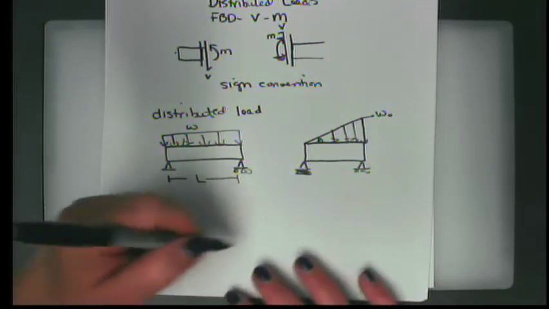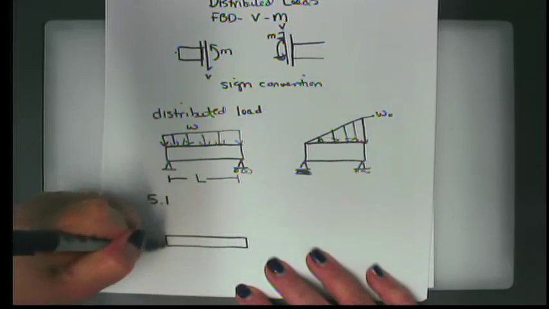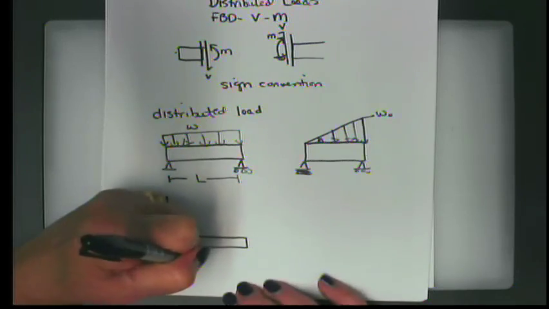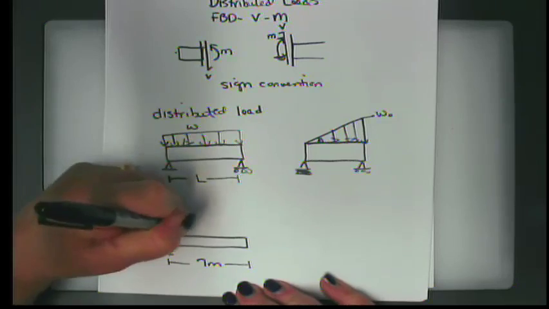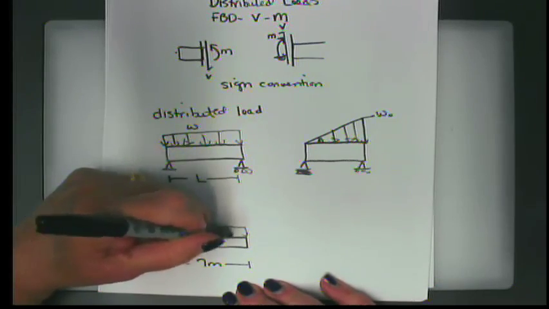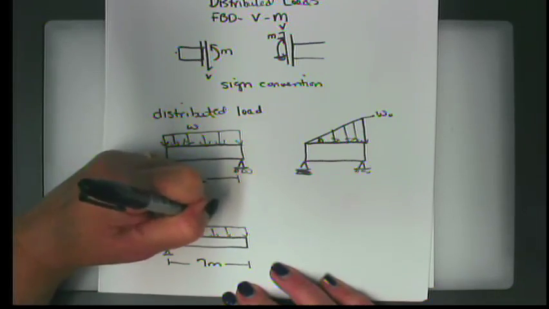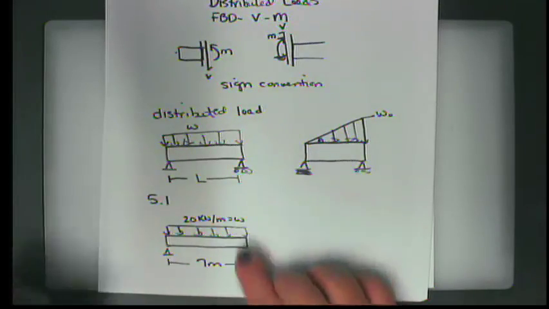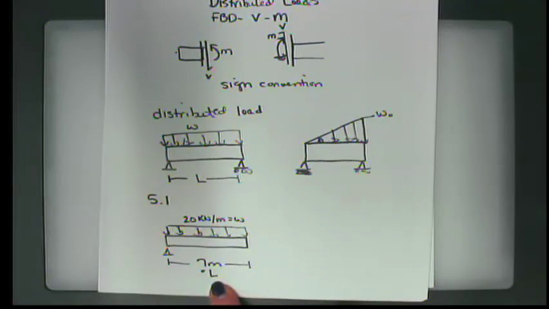And if we use numbers in this, let's just say, for example, that our length of the bridge is 7 meters, and the value of the load per foot is 20 kilonewtons per meter. Okay, so that's the value of w, and this is the value of L.